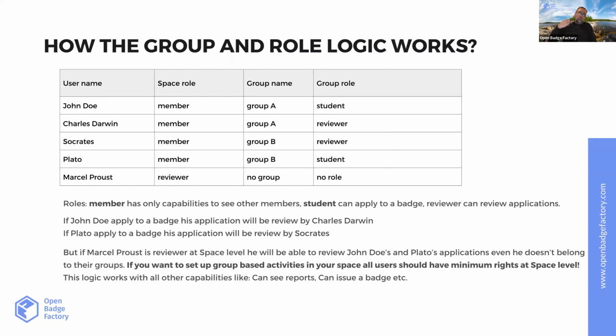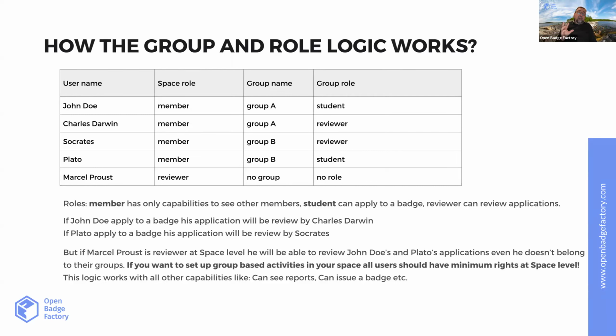Okay, and it's the same with Socrates and Plato in group B. But now, because Marcel Proust has more permissions at space level, he will be able to review all badge applications sent in every group.